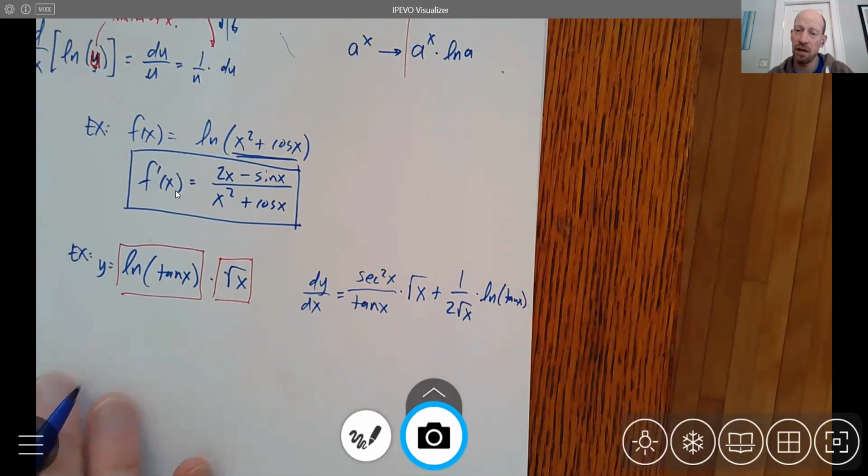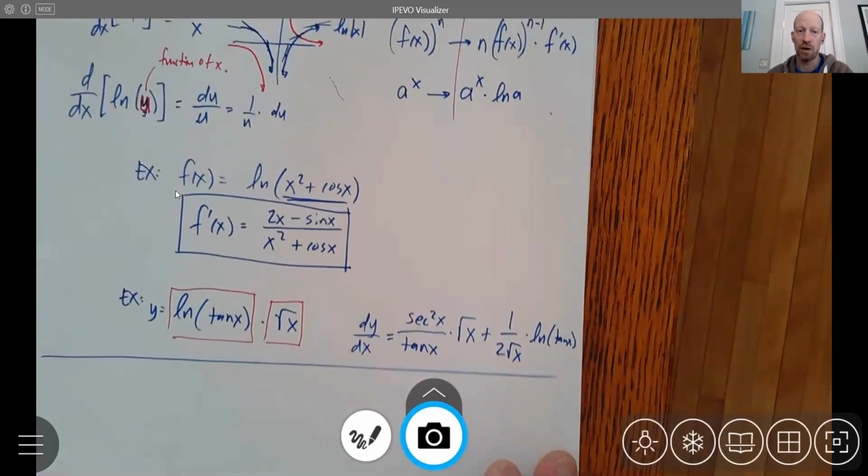Like I said, it is actually really a nicer rule than certainly the quotient rule and probably even the product rule. So it's not something to shy away from, but it is a different structure than we're used to, right? This du over u.